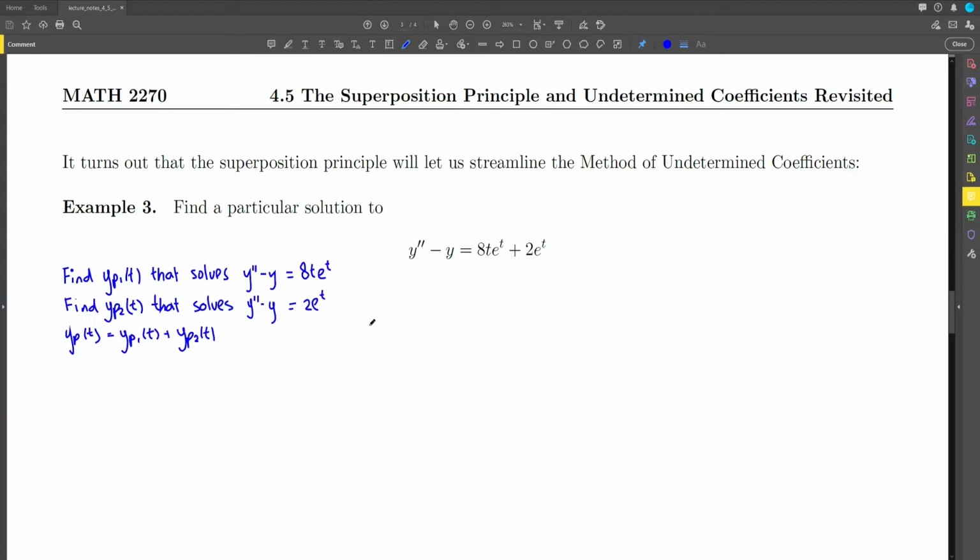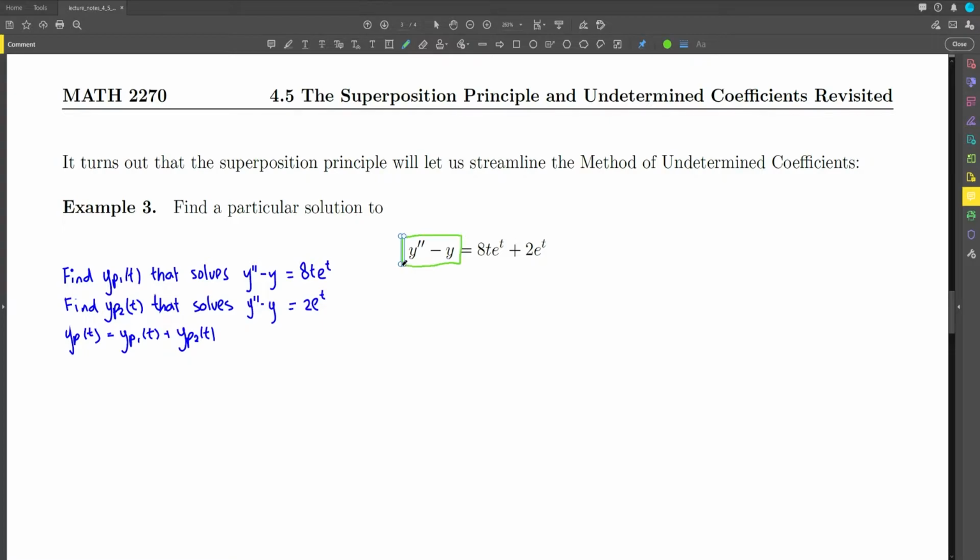So let's take a look at yp1. We wanted to solve this differential equation. And the first thing that we have to do is look at the auxiliary equation to see if we have any extra factors of t in our particular solution. So let's do that quickly here.